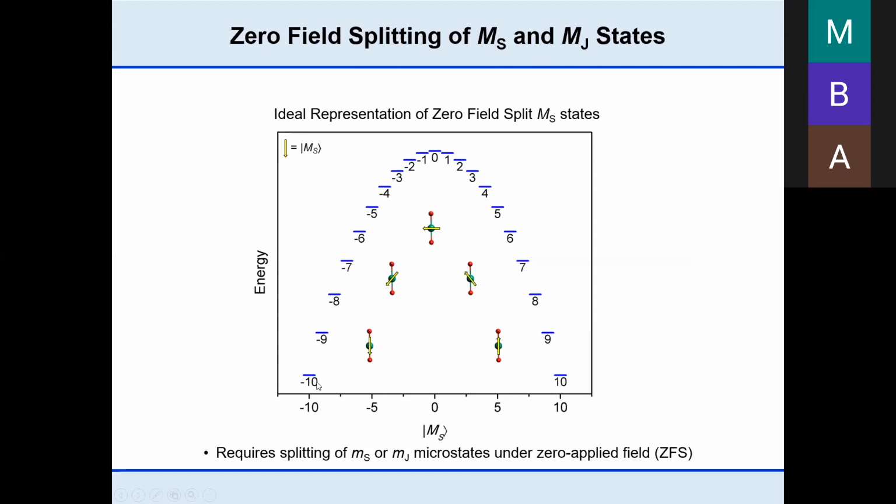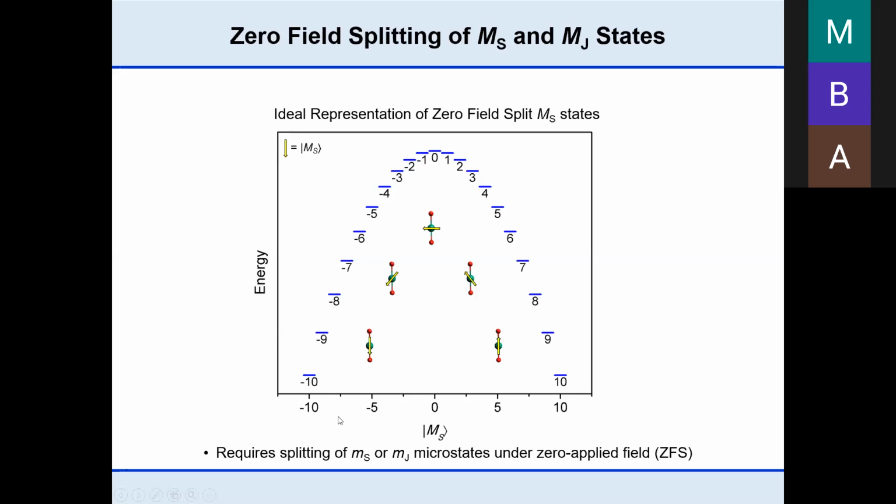One can imagine this inverted parabola as being the ideal zero field splitting pattern for a single molecule magnet, in that if we were to polarize our magnet in this minus 10 m sub s state, and then depolarize it, that is, take it back to zero field with all of our population in this minus 10 state, in order to get to the other side and relax or depolarize the magnet, we would have to traverse this barrier, which is composed of the different m sub s states.